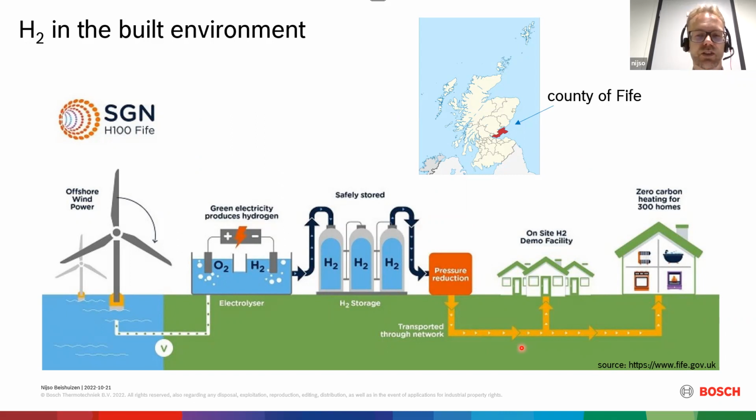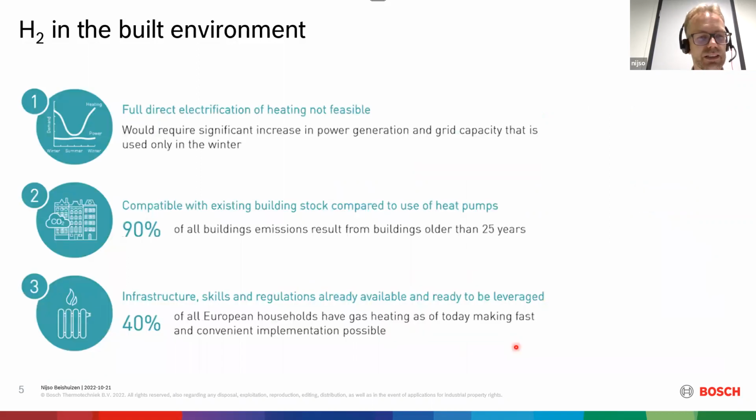Energy is generated offshore by wind turbine parks. The energy can be converted into hydrogen using an electrolyzer, and the hydrogen can be stored either onshore or offshore. And the hydrogen can then be transported through the existing gas lines to homes and industry. So this is a potential future.